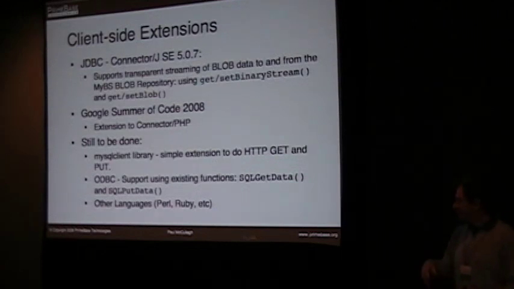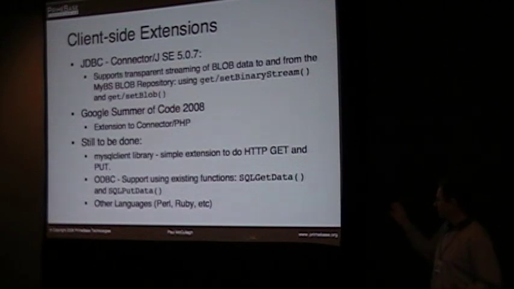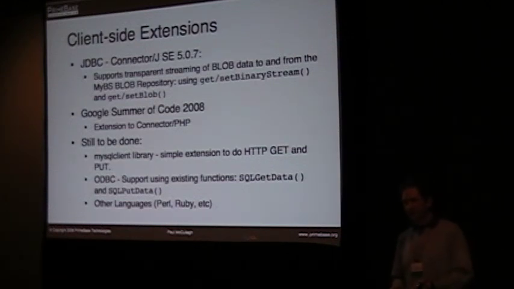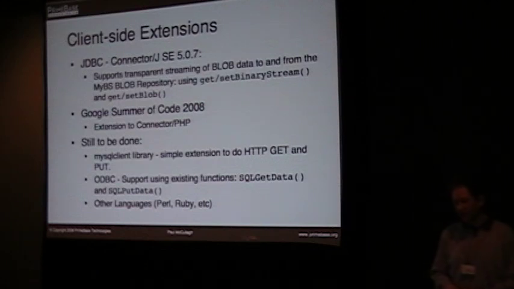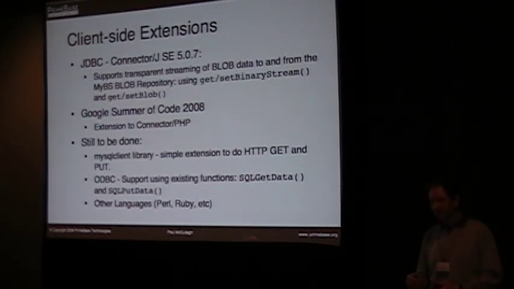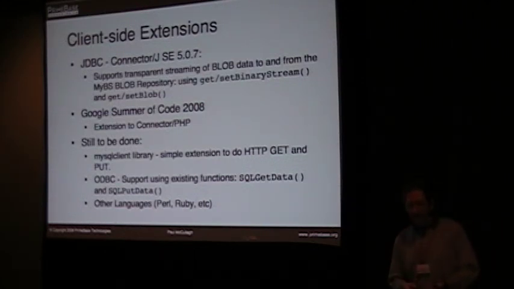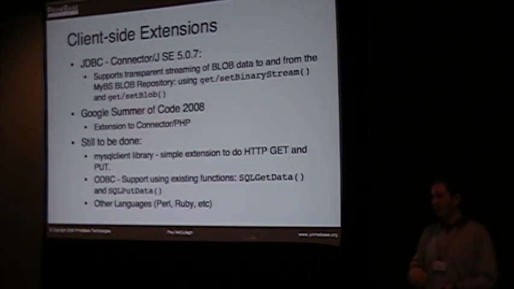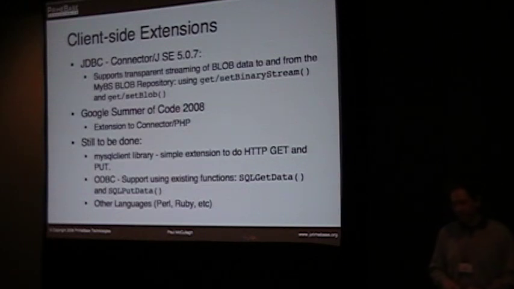The standard C library of MySQL requires simple functions to get and put data. ODBC already has SQLGetData and SQLPutData, which are the correct functions to stream the blob data. They would just need to be otherwise implemented. Just like on the JDBC driver, of course, there's a switch to say, do I want to stream the data or do I want the standard behavior?